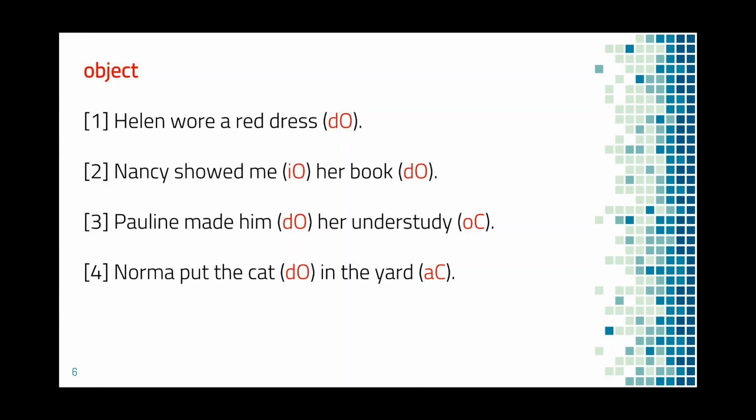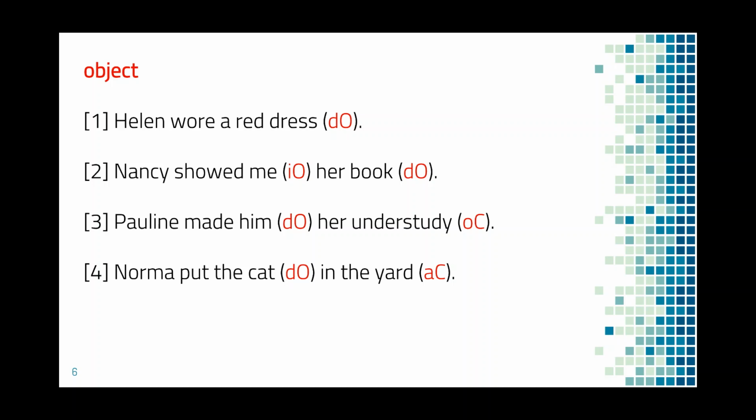The other important and basic constituent is the object. You need to understand that when it comes to the object, transitive verbs require a direct object to complete the sentence. Look at sentence number 1.